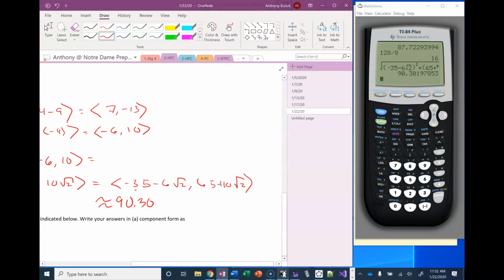If you wanted the exact value, that's going to be a little bit of a slippery guy to get, because you're going to have square roots under square roots, which is kind of gross looking. You just have to do it by hand, which is awfully annoying. I have a feeling the answer key listed the decimal. Did it not?